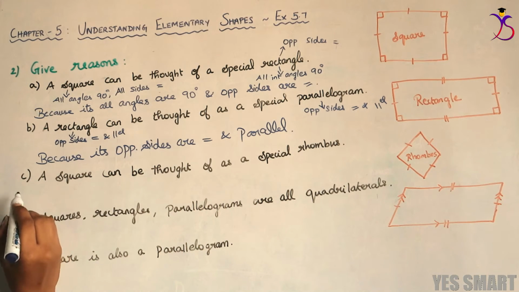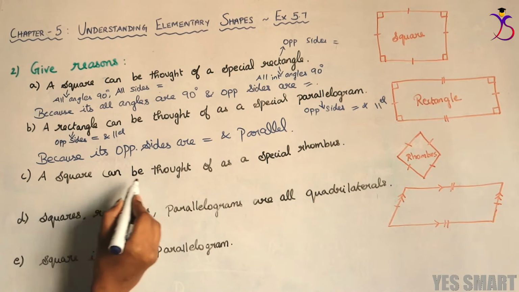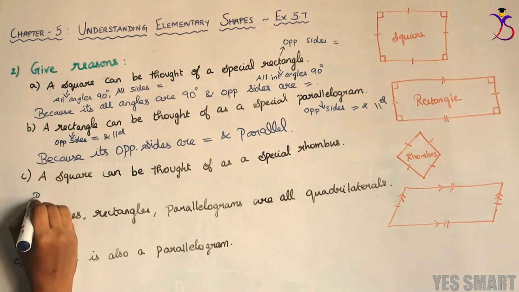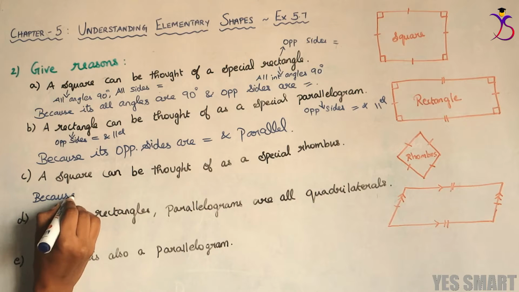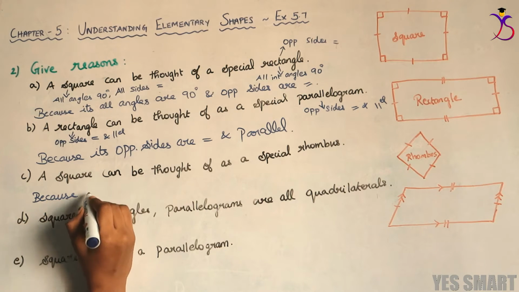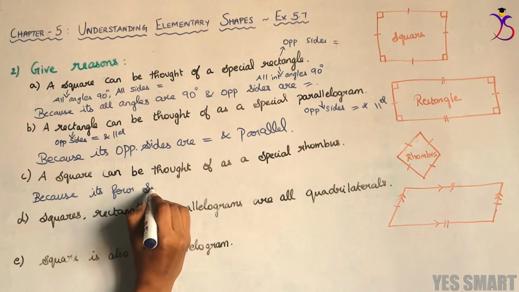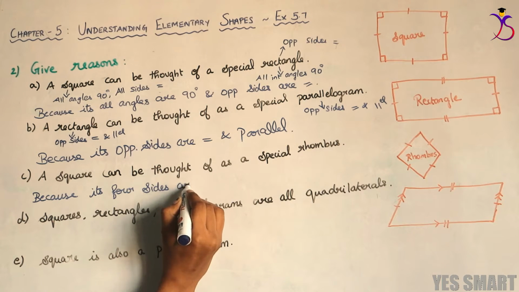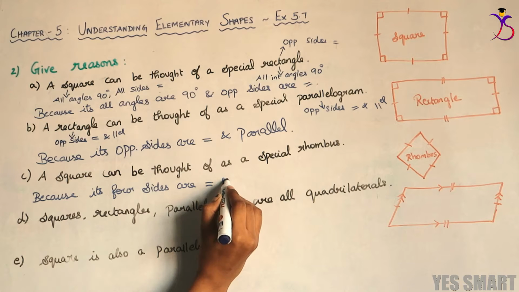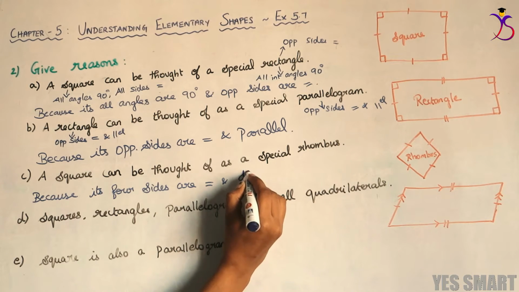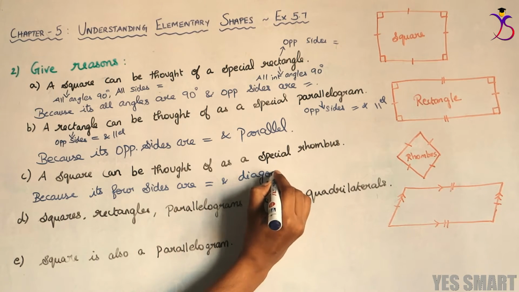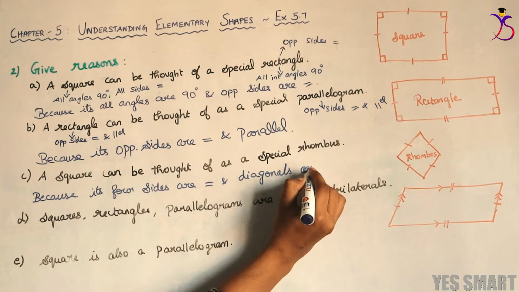So a square satisfies the basic properties of a rhombus. Hence, we can call the square a special rhombus. Therefore, we can conclude that a square can be thought of as a special rhombus because its four sides are equal and diagonals are perpendicular to each other.